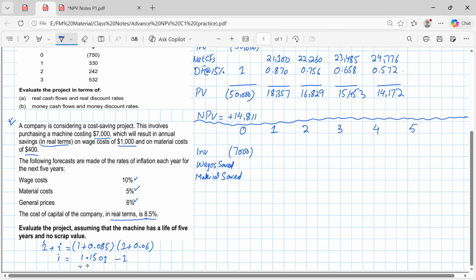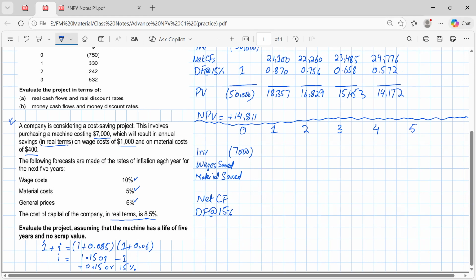So this will give me 0.1501, or in percentage, 15%. So it means that your discount factor will be 15%. Pretty clear how I calculated the money cost of capital? Yes. Okay.